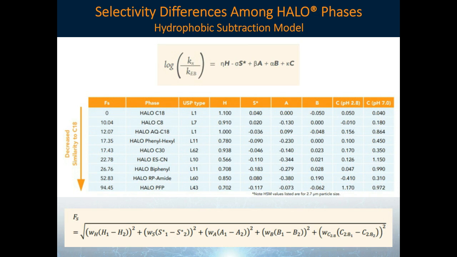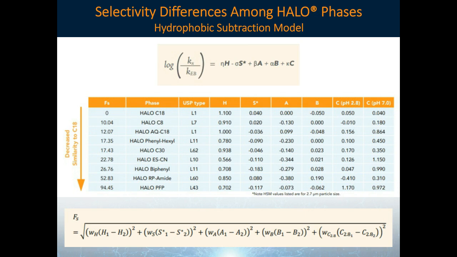These types of characterizations were first done by Snyder and company, and they have since been taken over by Wirth-Stoll. So for those who are interested in comparing the stationary phases that they have, they can either go to hplccolumns.org for the parameters, or they can visit the USP website.